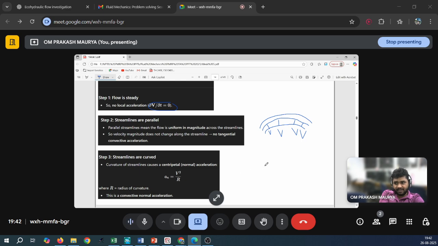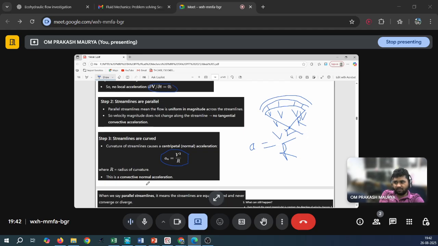That is, the acceleration a is equal to v square by r, where r is the radius of curvature, that is this radius, this is the r. Remember this.